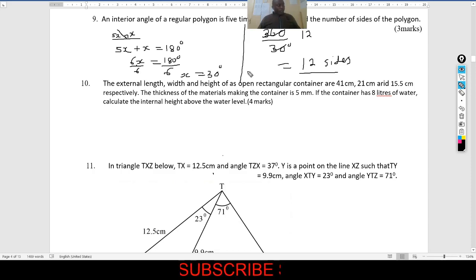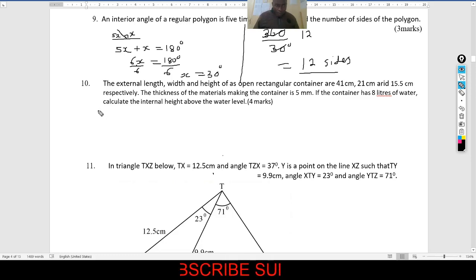Now we move to the next question, number 10. The external length, width, and height of an open rectangular container are 41, 21, and 15.5 centimeters respectively. The thickness of the material making the container is 5 millimeters.